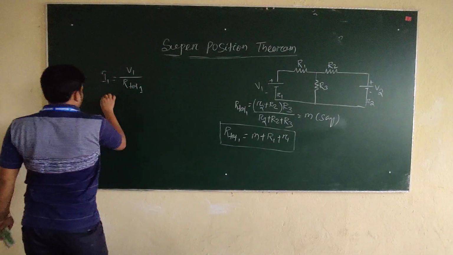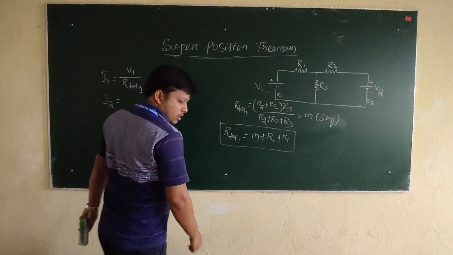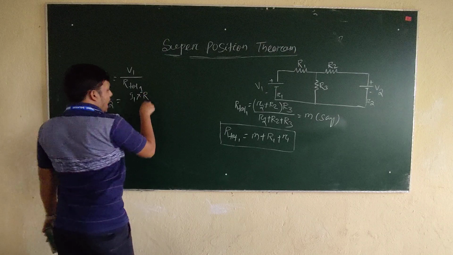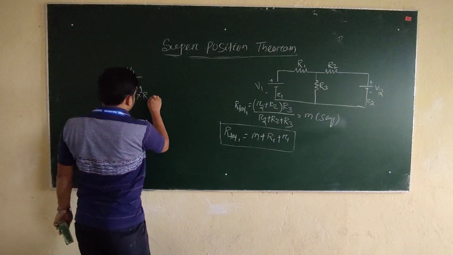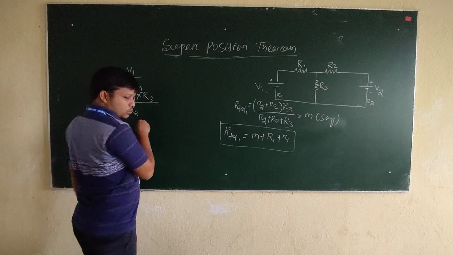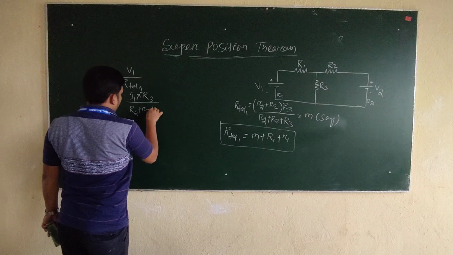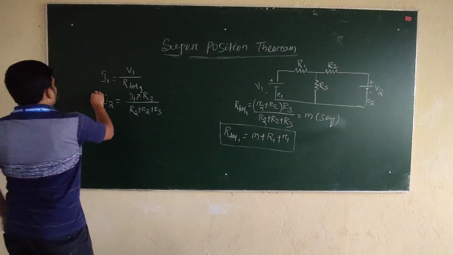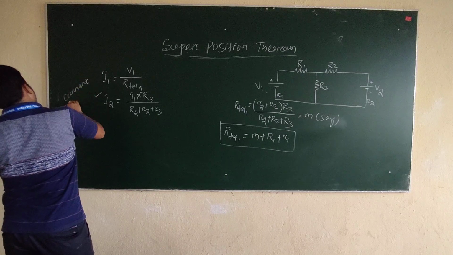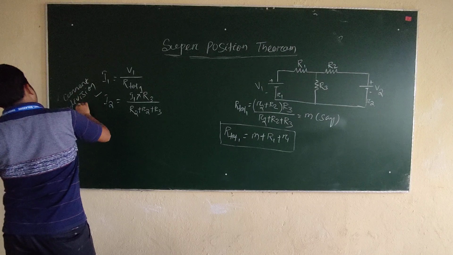Next, I2 is equal to I1 into R3 divided by R2 plus R2 plus R3. This is known as the current division formula.